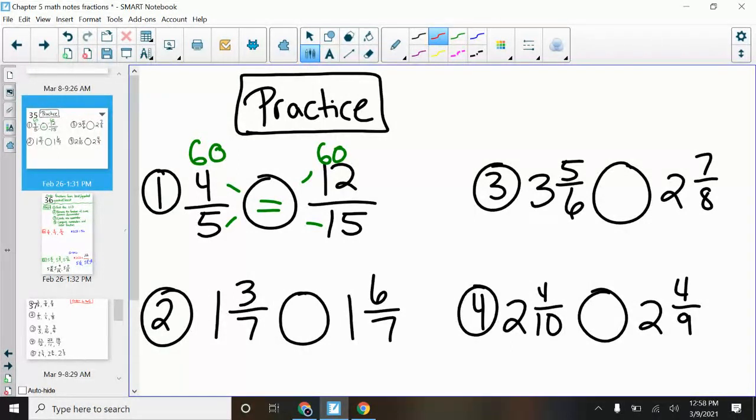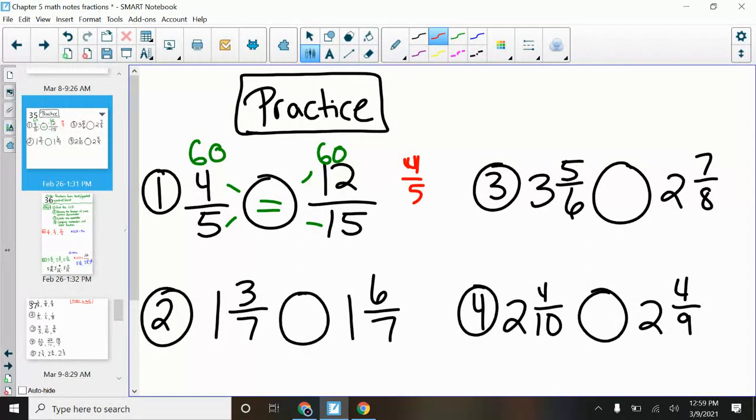So you could have put 12 and 15 into simplest form first. If you did that, what would 12/15s turn into, Cassidy? It would turn into 4/5. So then you wouldn't have had to do any cross multiplying, because 4/5 on one side would obviously be equal to 4/5 on the other side.